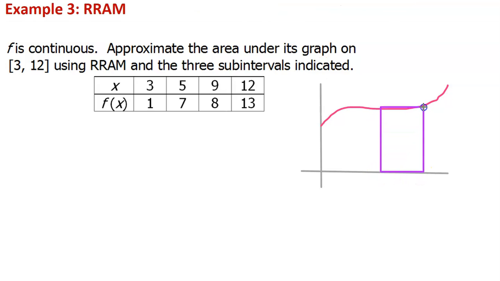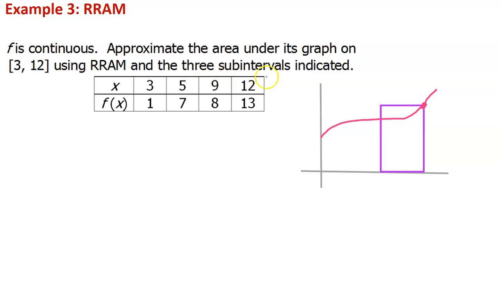Remember, for right rectangle, it is the right-hand side that should be touching the curve. In fact, I want to make it a little bit more obvious that it is the right-hand side that we're looking at. So let's say that this is representing the interval.